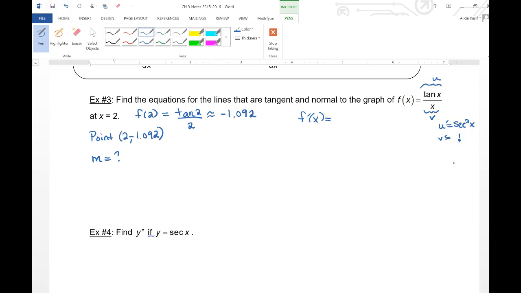Okay, you guys go ahead and do that. Wait, how do you multiply x into secant squared x? You can't. So it's just x.